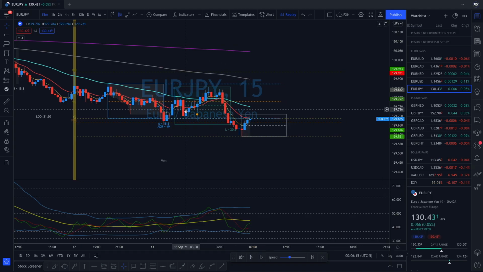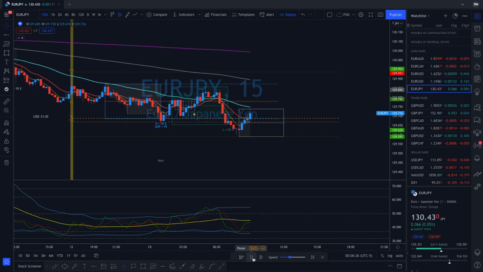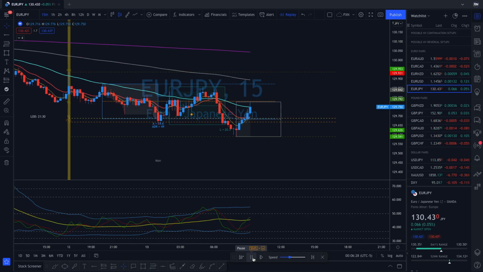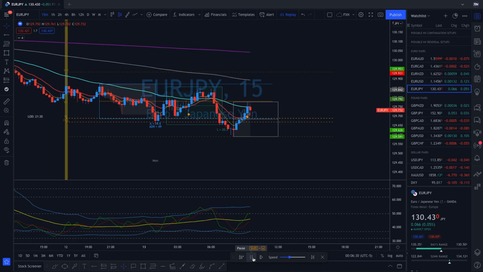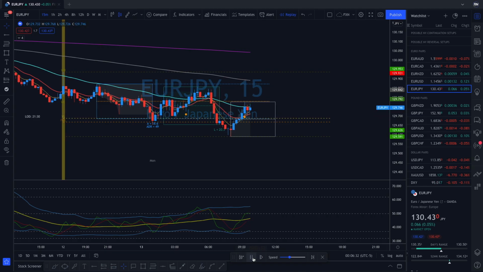It looks like we ended up getting a type 3 pattern here in the London session, which is fine, not a big deal. We could possibly get a continuation trade here, but we'd have to get a good confirmation to get that.